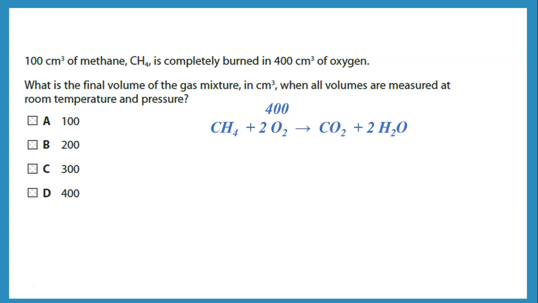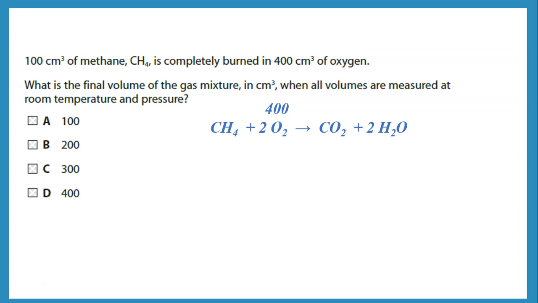Now, I want you to remember that when we have gases, I can relate directly with volumes, because the volume of 1 mole of any gas is 24 decimeter cubed. So all volumes can be related directly. I don't need to change into number of moles and then relate the number of moles. And this applies only to gases.